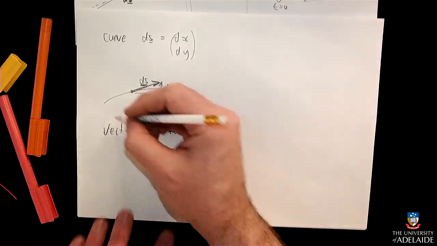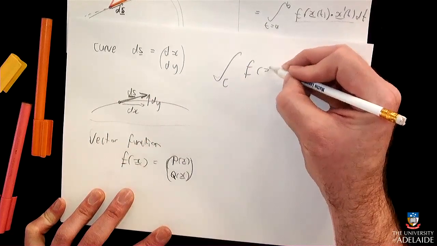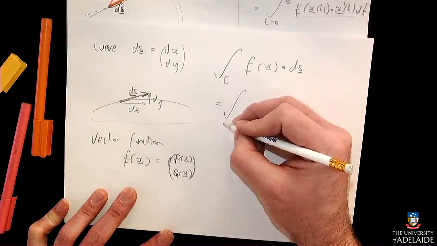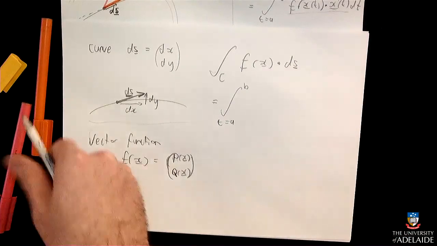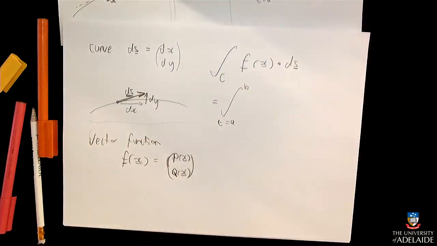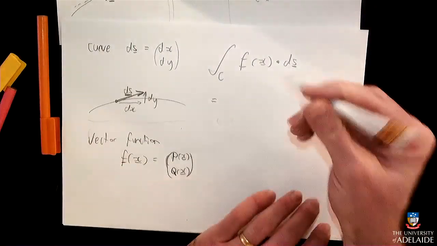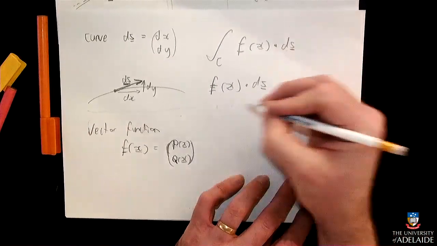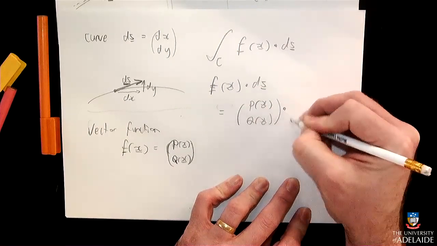So, when I integrate the curve, that becomes, I'm just getting ahead of myself. This f dot ds becomes (p, q) dot (dx, dy).